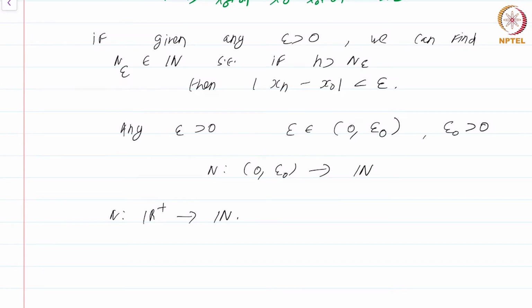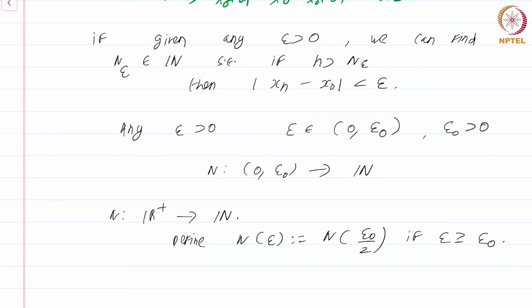I hope you got how to proceed from N from (0, epsilon naught) to natural numbers, all the way from N to N from R plus to N. Well, all you do is define N of epsilon to be N of epsilon naught by 2 if epsilon is greater than or equal to epsilon naught.